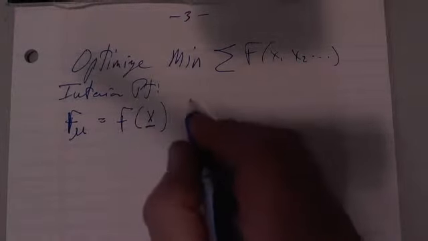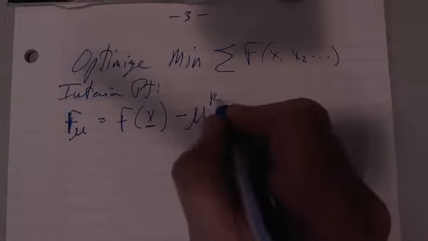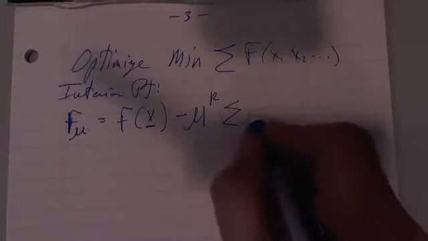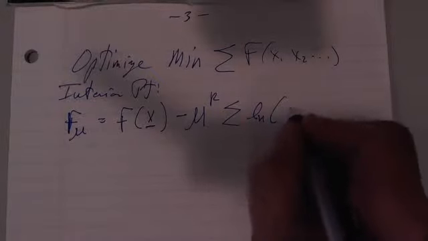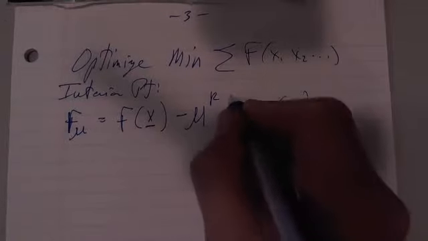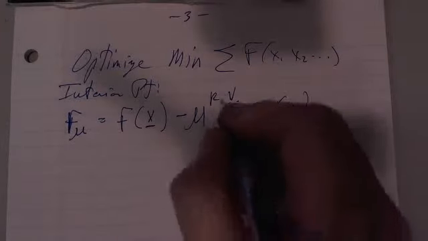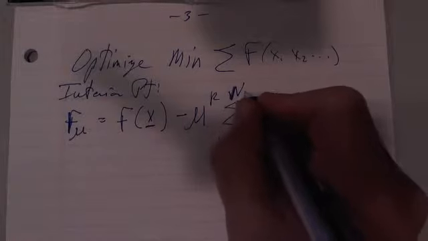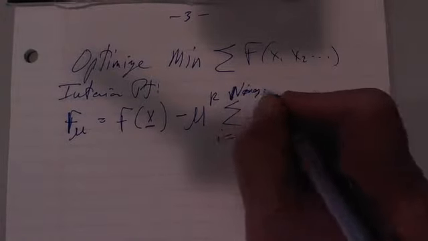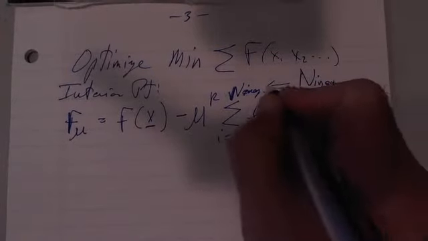This has many different variables in it, minus mu to the k, the sum of the natural log of s sub i, i equals 1 to the number of inequalities. N-I-N-E-Q up here. That's what that variable is.